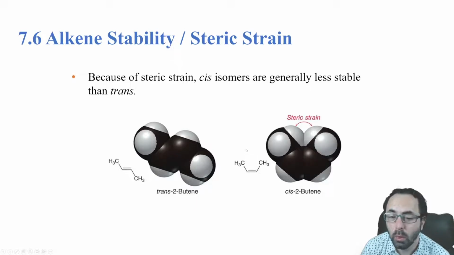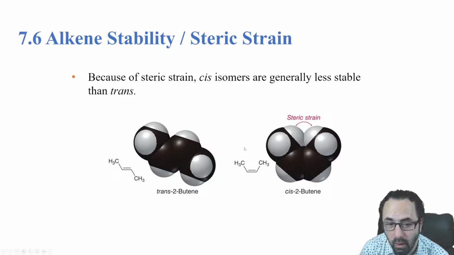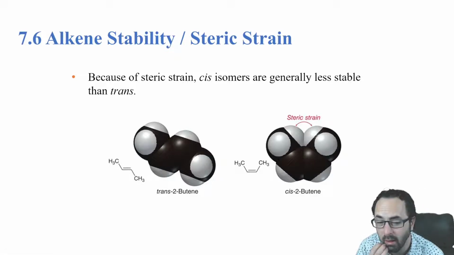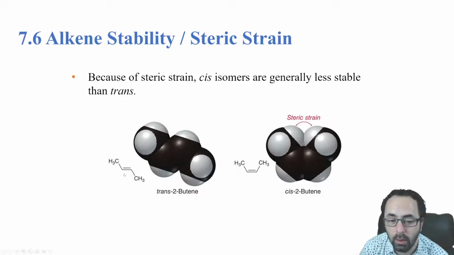When it comes to which product will be produced, sometimes there are multiple stereoisomeric products that can be produced from an elimination. In this case, let's say we're doing an elimination which will produce a double bond here. That double bond could ultimately be trans or cis, but cis double bonds have steric strain, and so the thermodynamically favorable product will be the trans isomer.